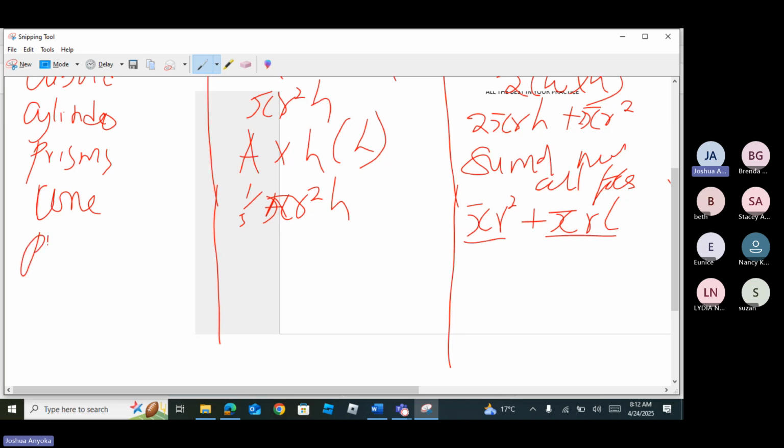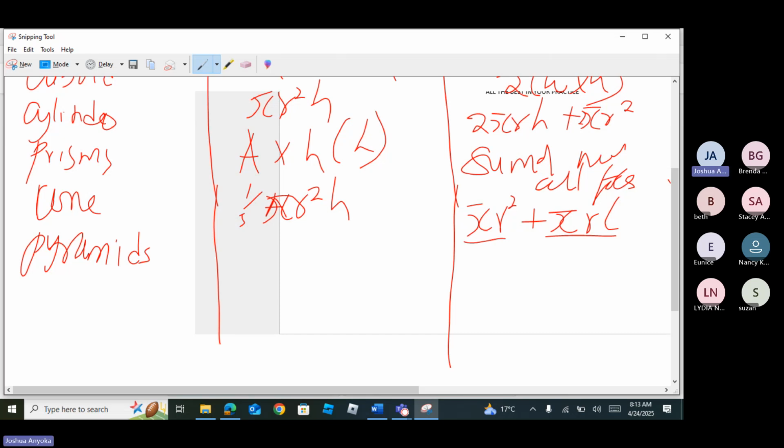We have the pyramid. It's good to know that pyramids are named after the shape of the base. If the base is rectangular, we say it is a rectangular pyramid. If it is a square, we say square-based pyramid. If it is triangular, we say triangular-based pyramid.